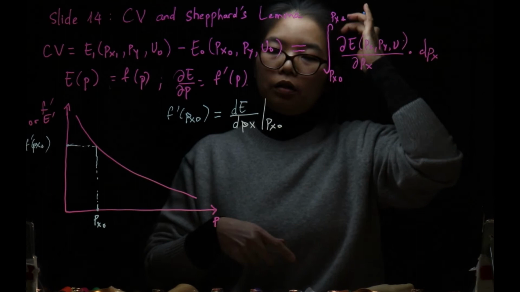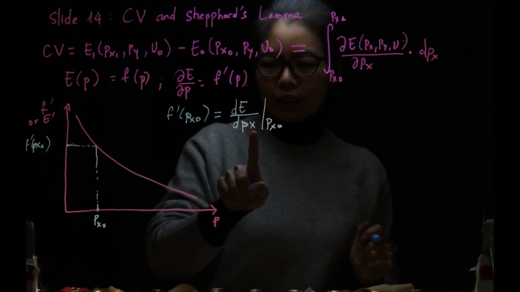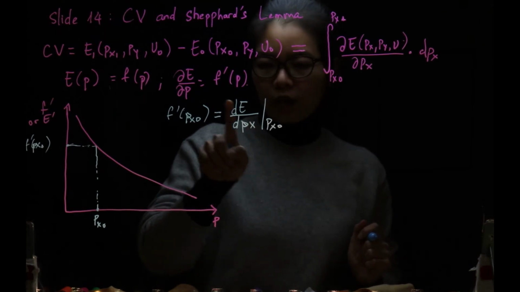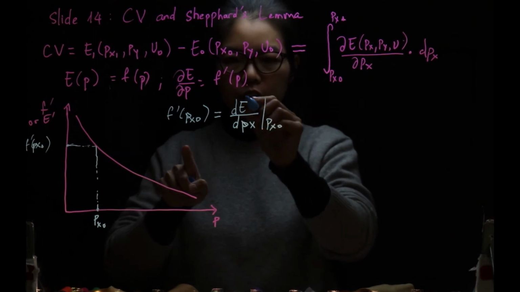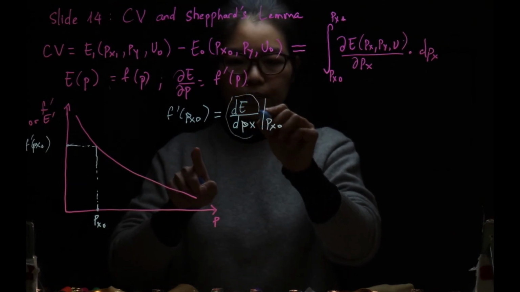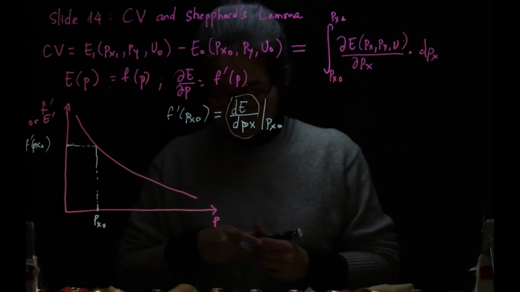That's the definition. So if px changes by this dpx amount, then this will be how E changes the whole thing. Now, okay, so that's the first thing.